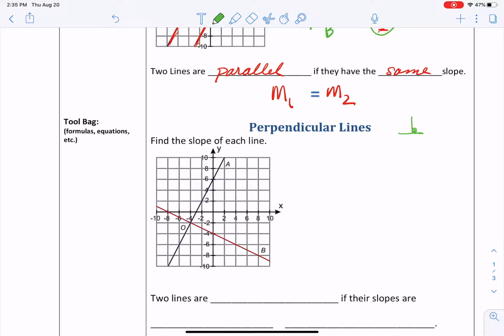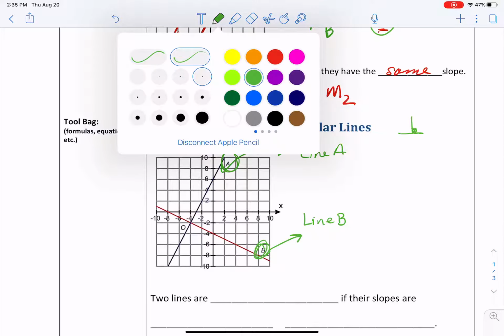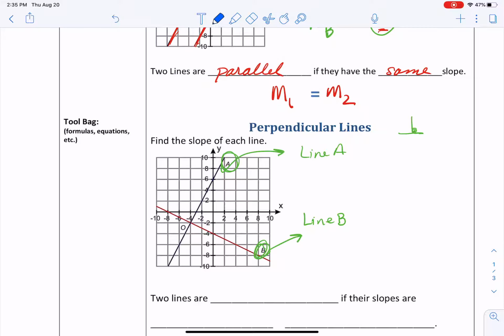And we're going to look at, again, line A and line B. Here's line A, and here's line B. So line A, if I make my triangle, is up 2 over 1. So slope A is 2 over 1, or 2. And it's positive slope because we're going up.